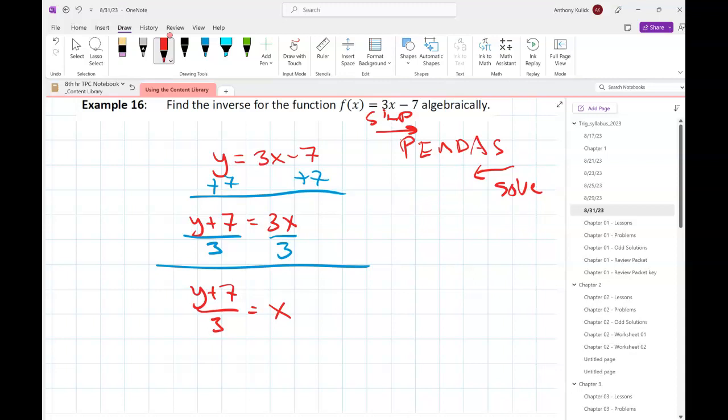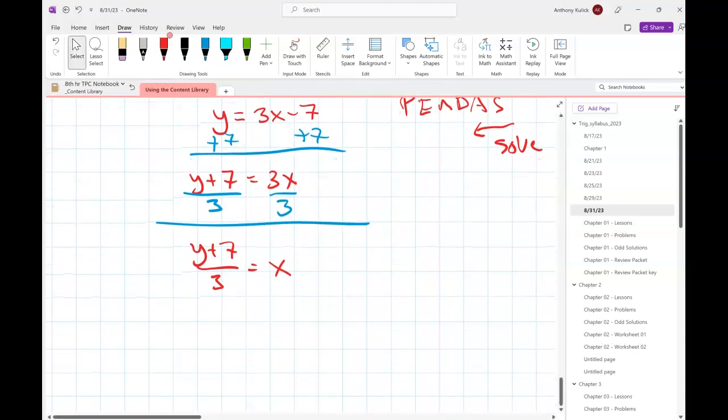Okay, we're almost done. The x is by itself. The next step is I'm going to change the names of my variables. I'm going to rewrite y as x, and I'm going to rewrite x as y. What am I essentially doing? Remember when we did the set of ordered pairs, what were we doing? Switch the x's and y's. That's what I'm doing here.